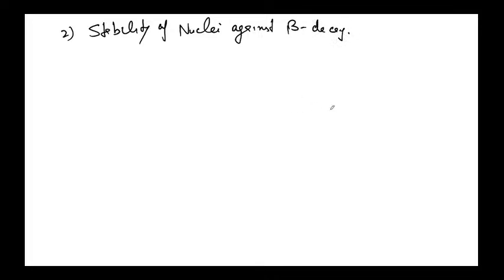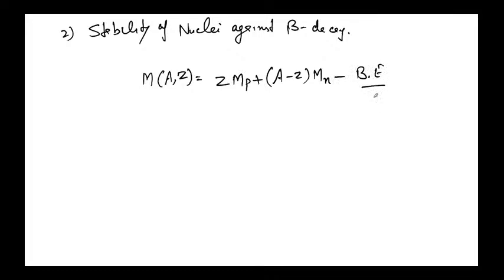Through this we can find out, for any given atomic nucleus, what its stable isobar is, and how many isotopes it has. The mass of the nucleus, we all know, is equal to Z times mass of proton plus (A minus Z) times mass of neutron minus binding energy over C square.